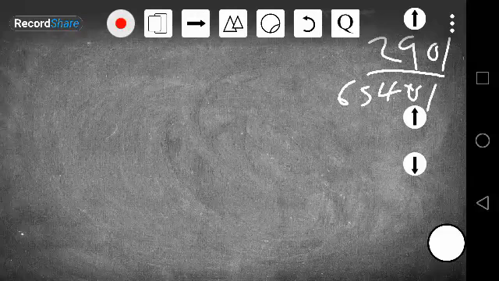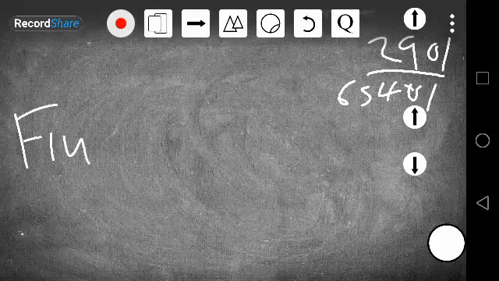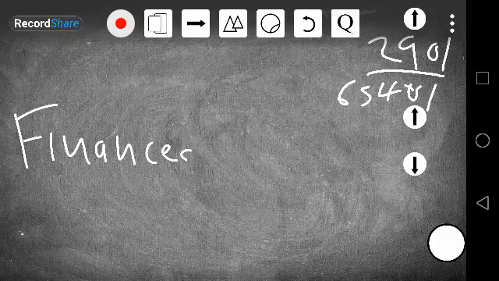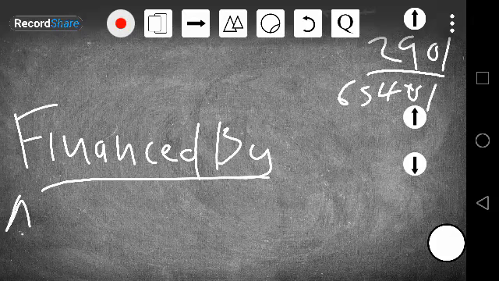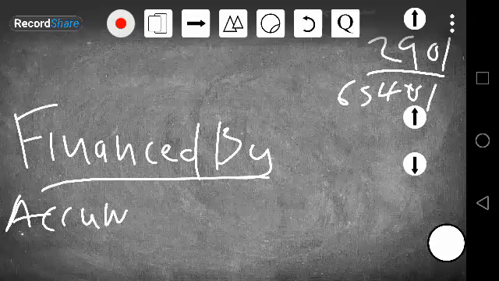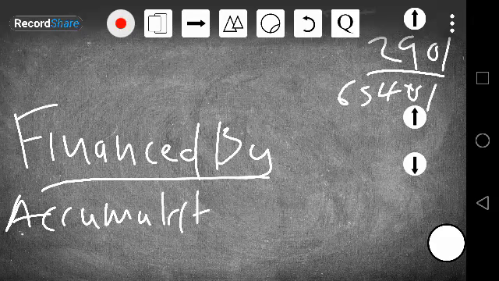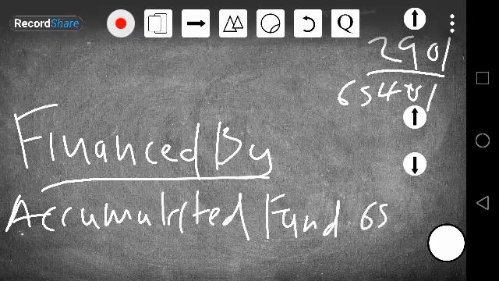So on the financed by section, we now say accumulated fund, which is 65,401. Okay, this is how we do it.